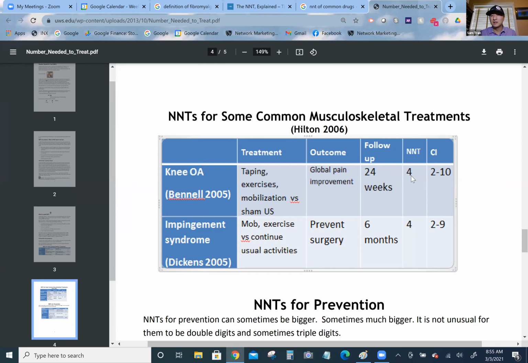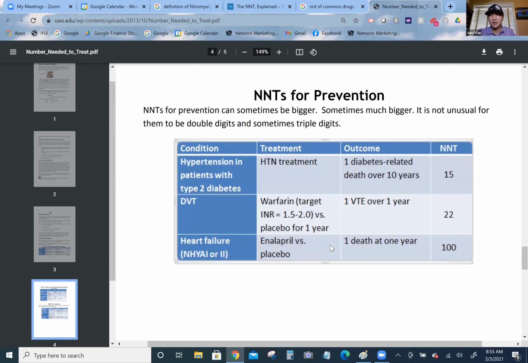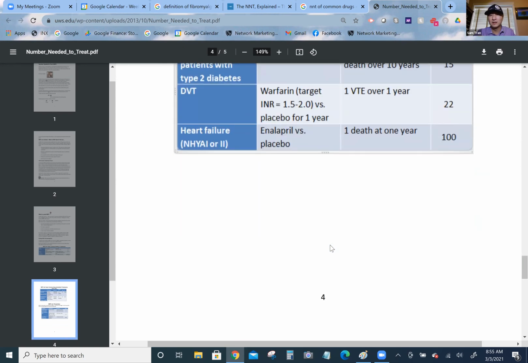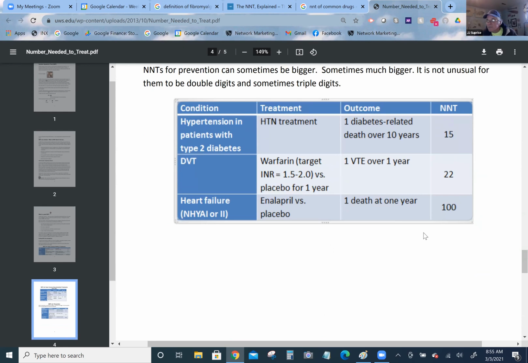NNT is 4. You only need to treat 4 people to get results. Look at this, exercise. NNT for prevention. Hey, these are pretty low NNT. Heart failure, 100. NNT is 100. So these don't work.